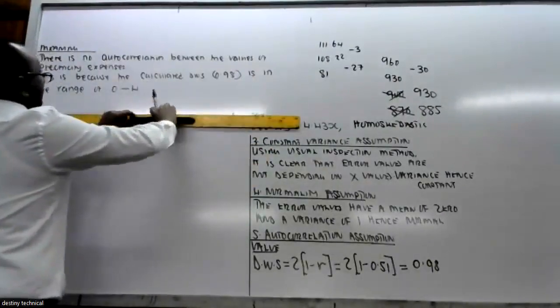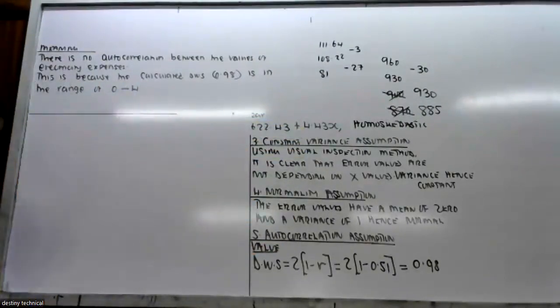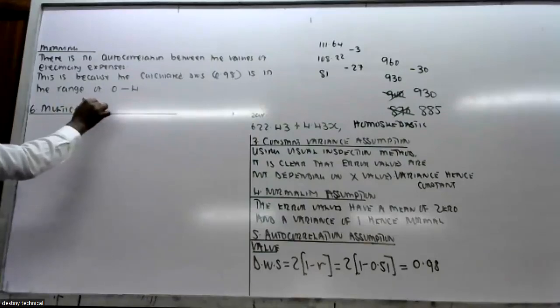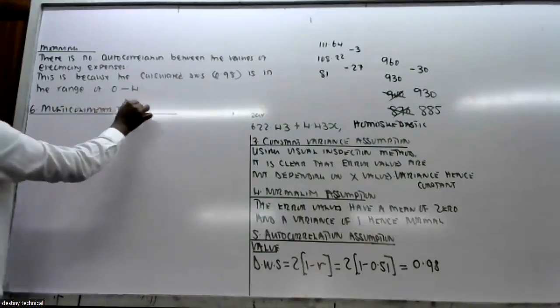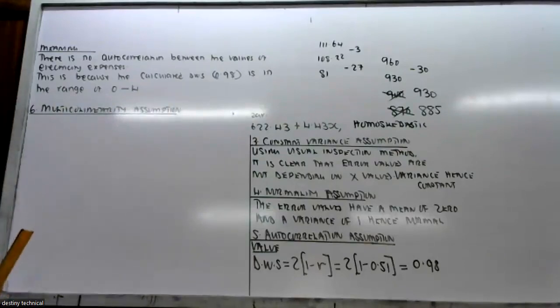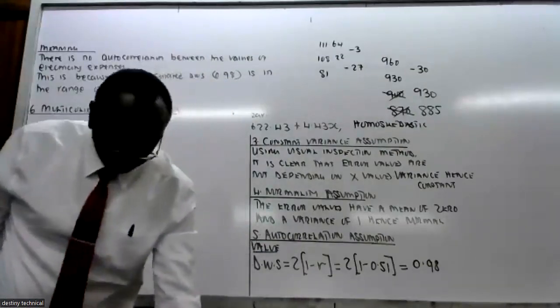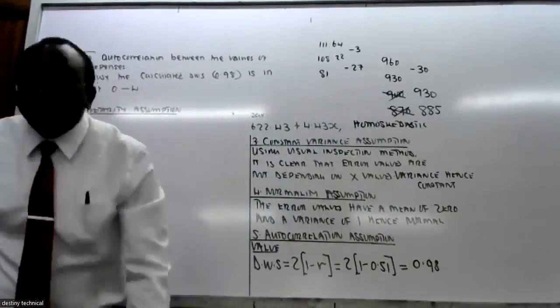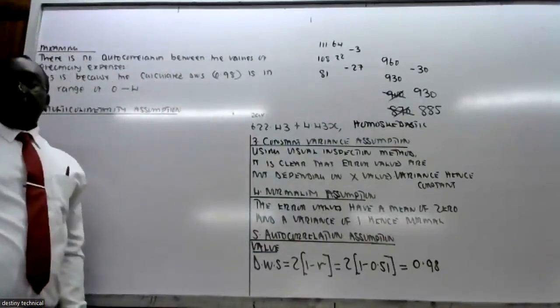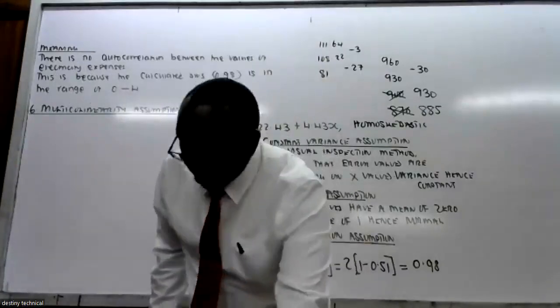Finally, we have the sixth assumption, called the multicollinearity assumption. This multicollinearity assumption is used where we have more than one independent variable.